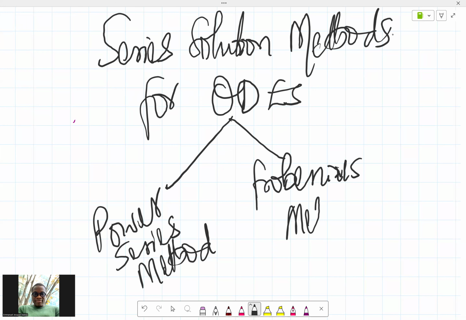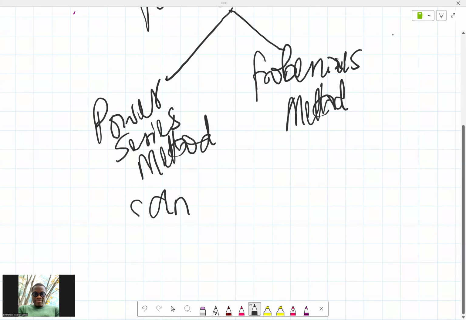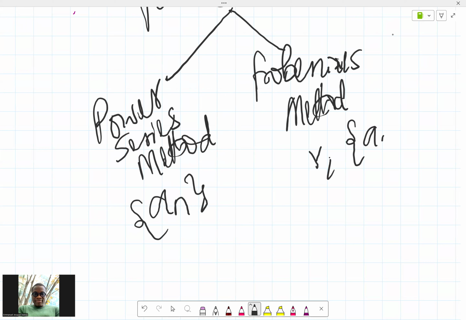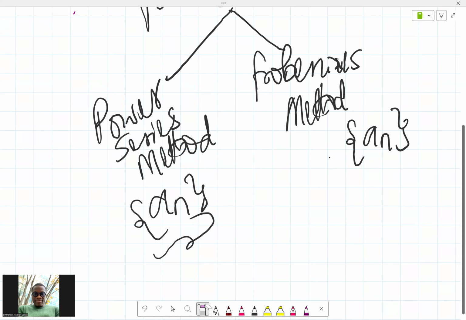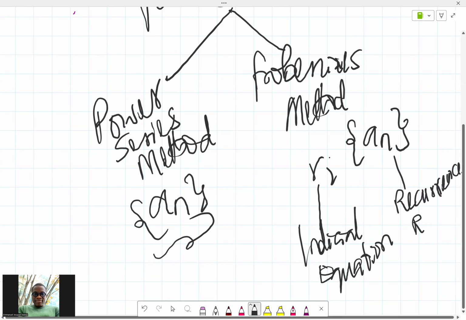Like we learned already, for the power series method, we are looking for a series of an's, whereas for Frobenius, we are looking for r and a series of an's. Here we have just the recurrence relation from where we get the an's, whereas for the Frobenius method, we have the indicial equation. That's where we get our r's from, and we also have the recurrence relation from where we get our an's.